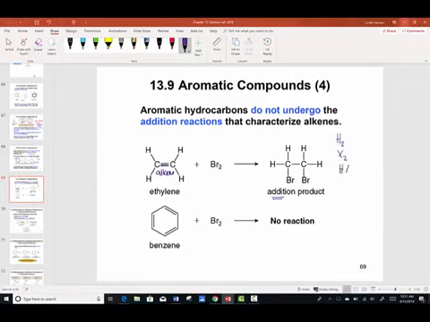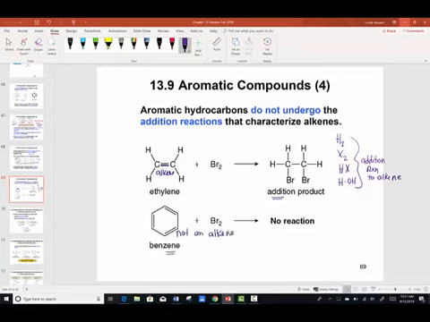I'll put HX representing hydrogen halogen, and H to one side and the halogen to the other. And we even practiced with HOH, the hydration. All of these are addition reactions to an alkene. But now I'm saying this benzene is not an alkene.